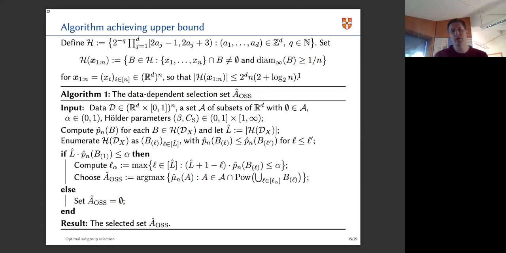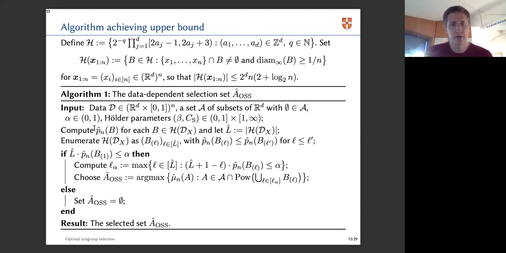And so here is the algorithm. It takes as input my data, and the family of subsets that I'm going to consider. I need the level alpha as well, and the Hölder parameters for the class.